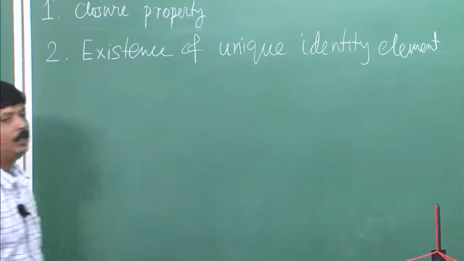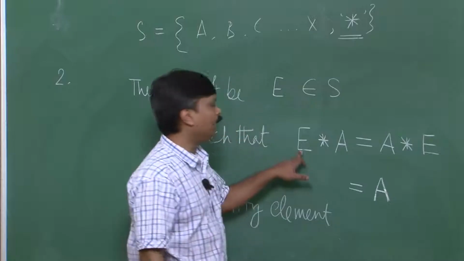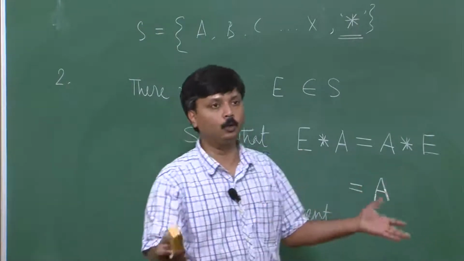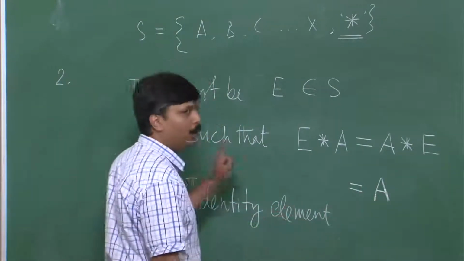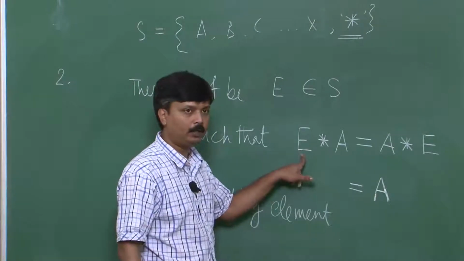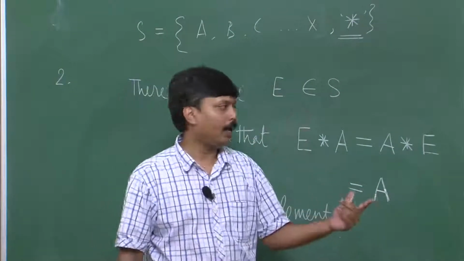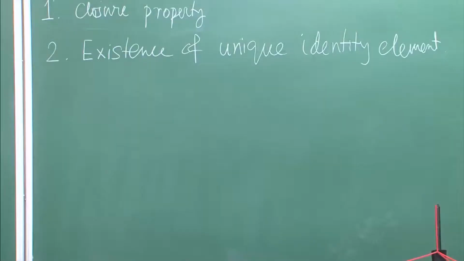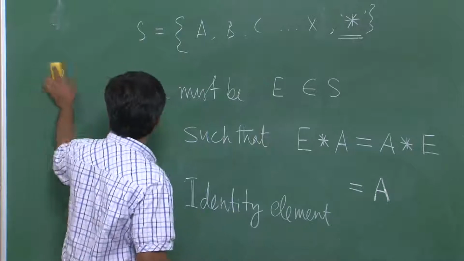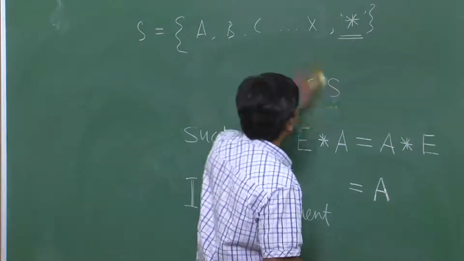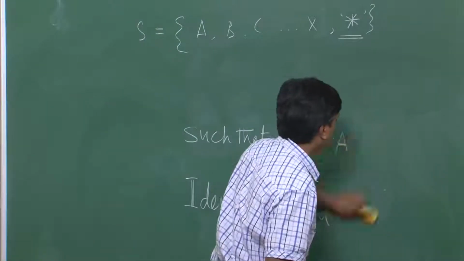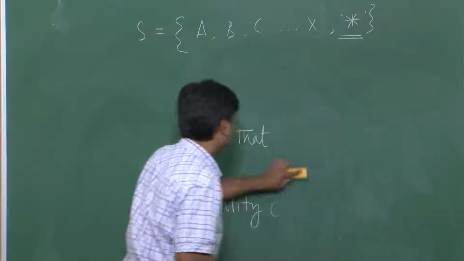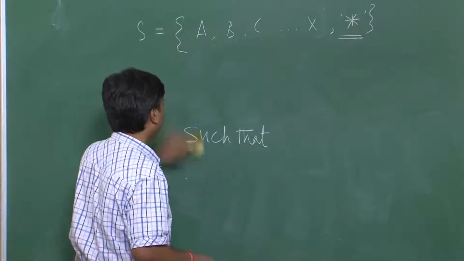You cannot have 2 such elements in a set and still have a group. There will be only one element of its kind. That is why it is unique, and this element is known as the identity element. So we have found 2 conditions that need to be satisfied in order to form a group.